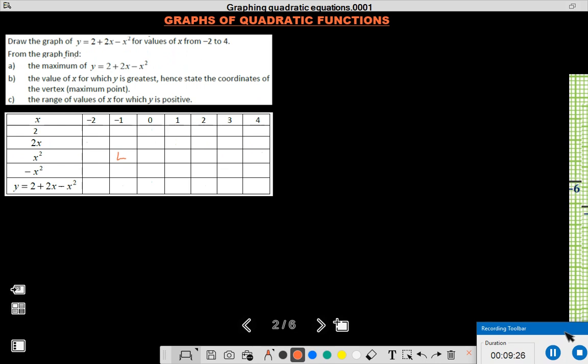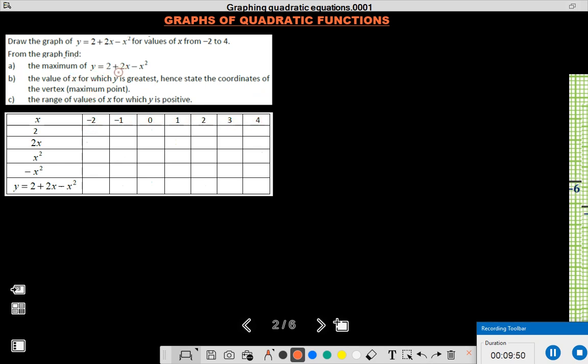Now let us look at example 2. We have a question here which says, draw a graph of y equals 2 plus 2x minus x squared for values of x from negative 2 to 4. We have our table already drawn from negative 2 to 4.